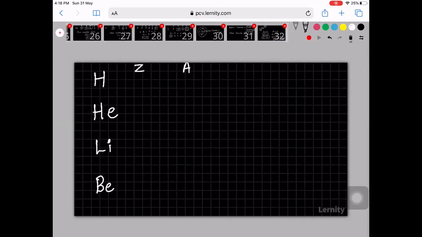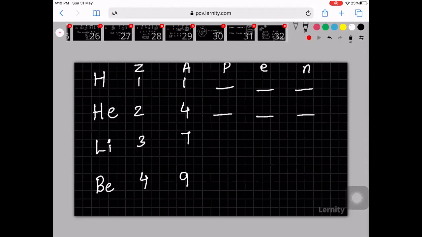A means mass number. Now you are going to fill the number of protons, electrons and neutrons. Just copy it down.